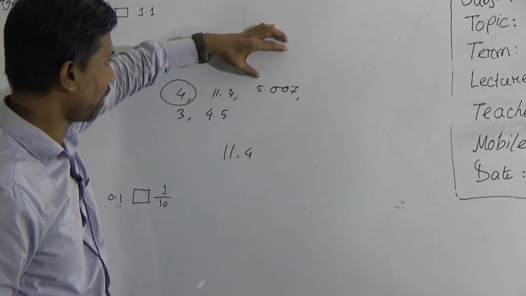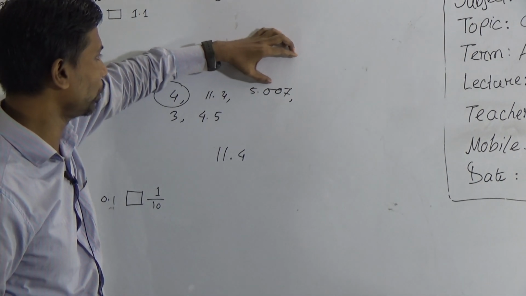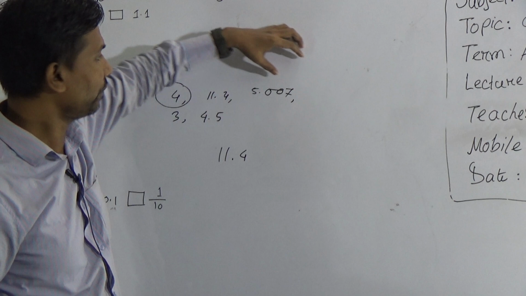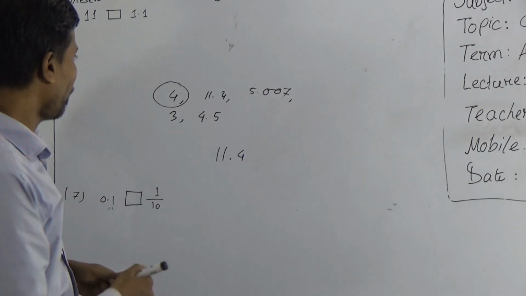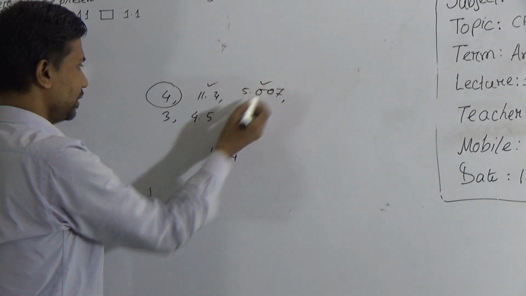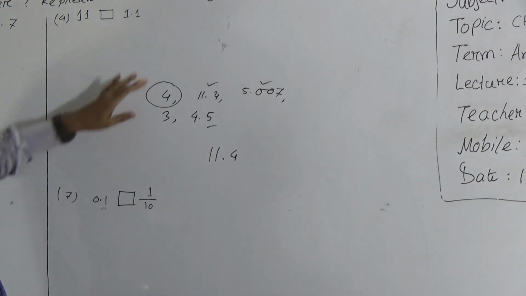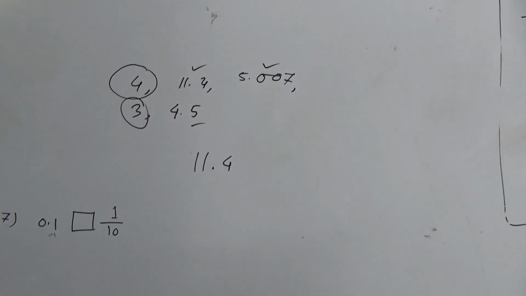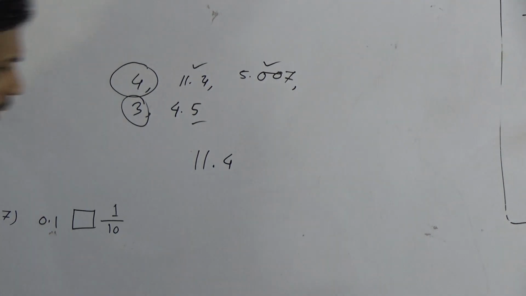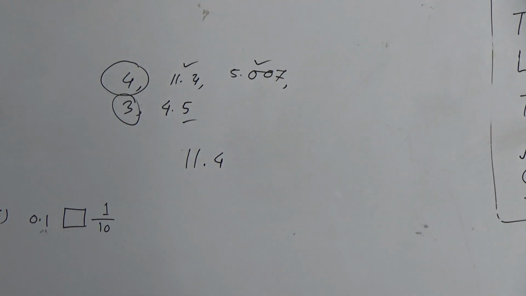Now see 5.07, obviously these numbers are decimal numbers, and 4 and 3, these two are integer numbers. Okay student, I hope you understood which one is the decimal number and which one is the integer number.